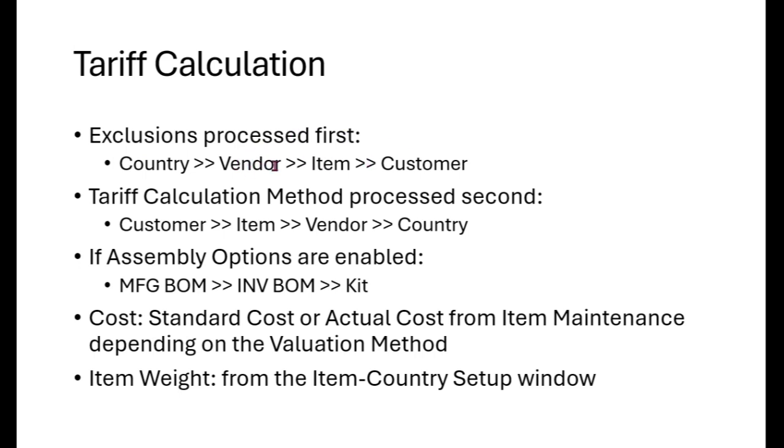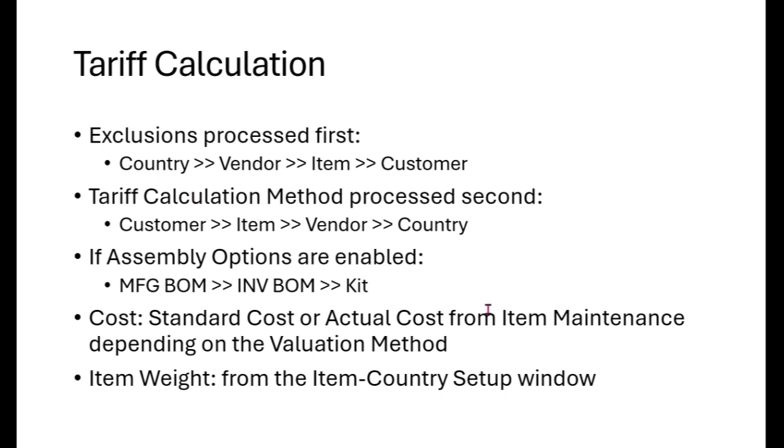If the primary vendor for the item is excluded, there's no calculation. Likewise, the item can be excluded or the customer can be excluded. However, all of these lower levels aren't required, and you can just have a country level tariff that applies to all items assigned to that country.